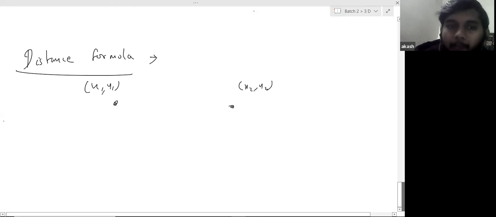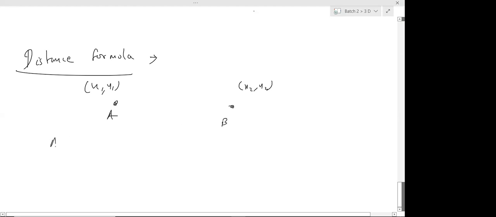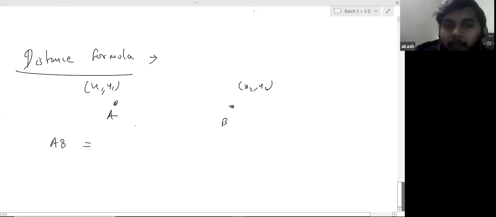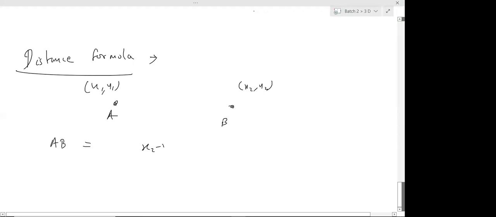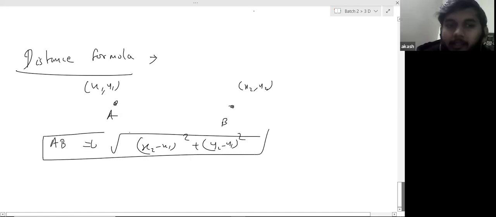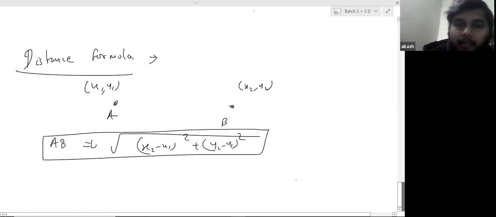Shafullah, what was the distance formula in class 10th? So this is between 2 points in a plane. If I have to find AB, what is the formula? x2 minus x1 whole square plus y2 minus y1 whole square under root. Absolutely right. So this is the distance formula that we studied in class 10th.